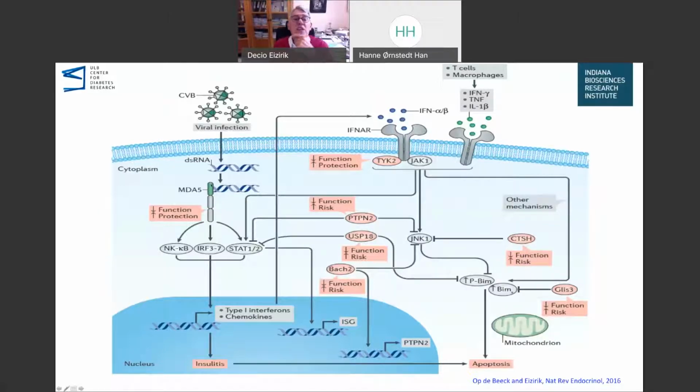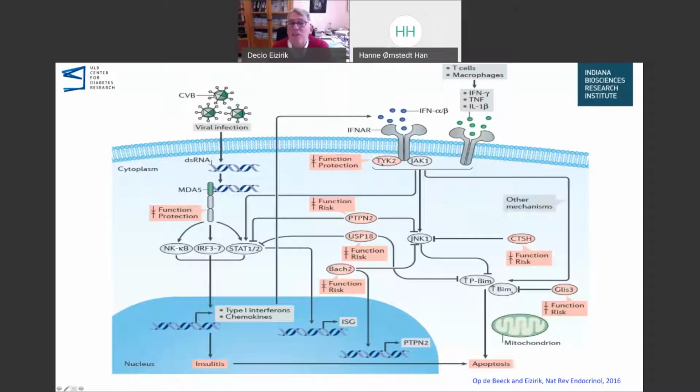And it's interesting that they regulate recognition of a viral infection, for instance via MDA5, and several of the candidate genes are involved in the signaling of type 1 interferon, starting with a kinase, TYK2, which is crucial for signaling of the type 1 interferon receptor.